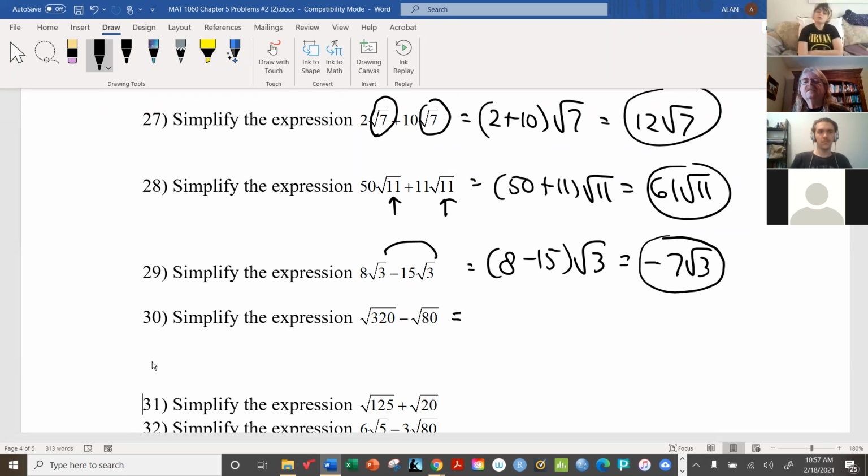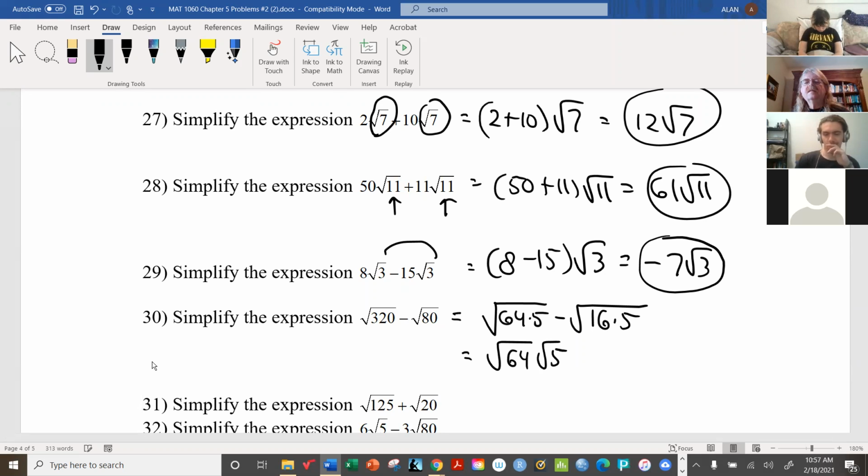Both of these have a common factor of 5, as it turns out. So in other words, this first one could be rewritten as 64 times 5. And this one can be written as 16 times 5. So now things are looking a lot more promising, aren't they?